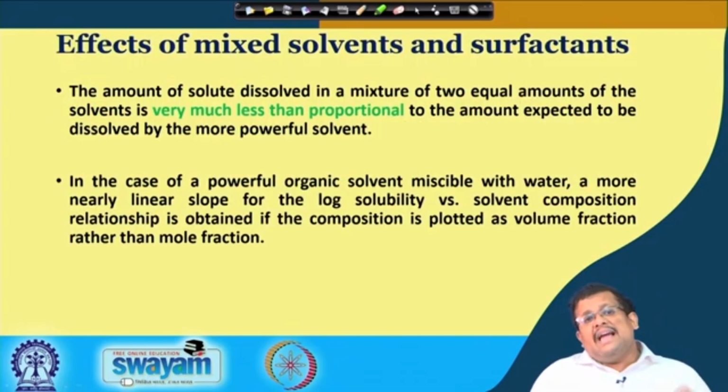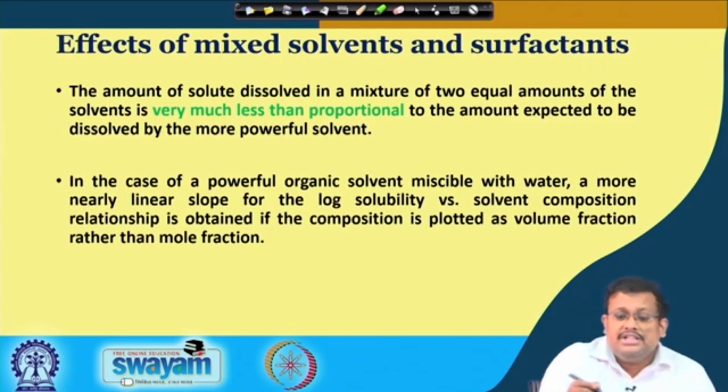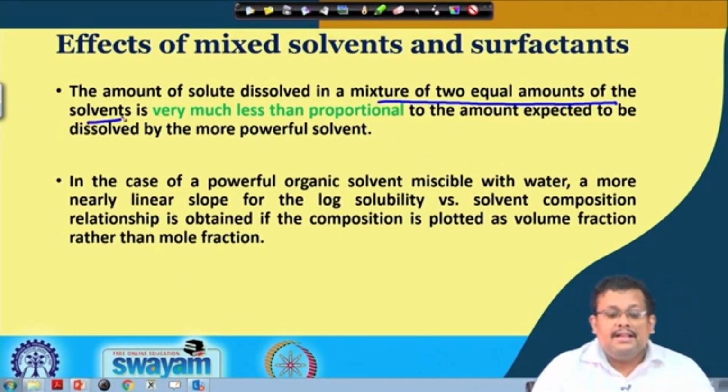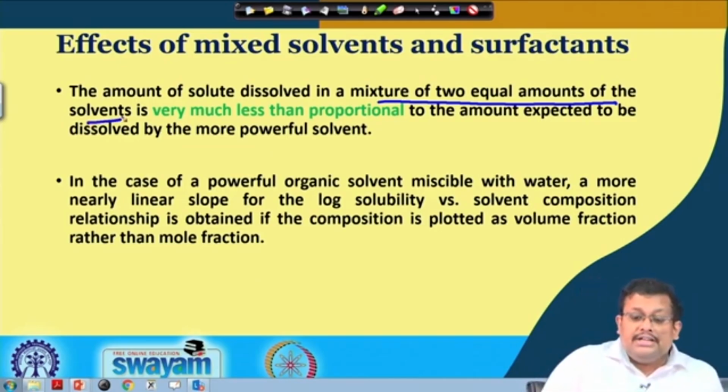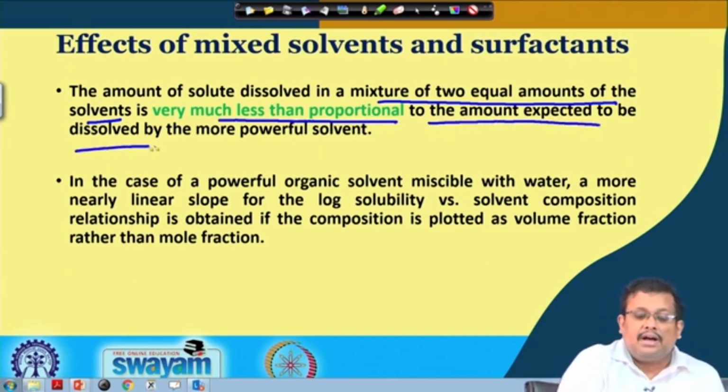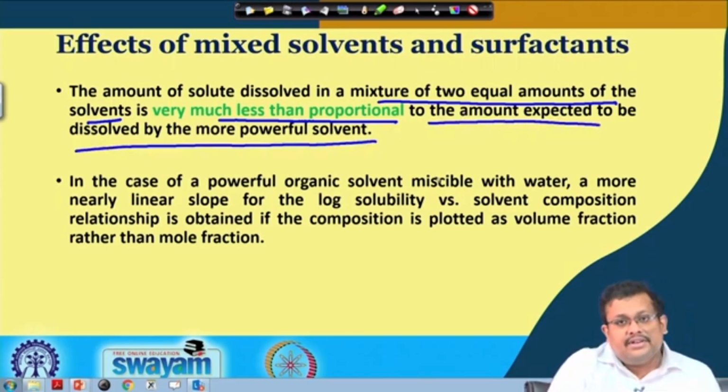Now, remember the amount of solute dissolved in a mixture of two equal amounts of solvents. Let us consider there are two equal amounts of solvents. The amount of solute dissolved in this mixture is very much less than proportional to the amount expected to be dissolved by the more powerful solvent.